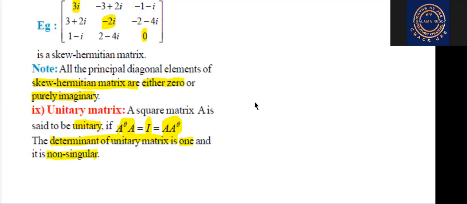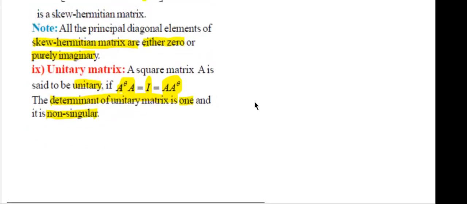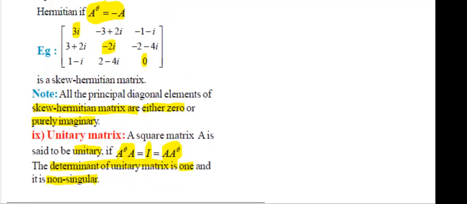Singular means determinant equal to 0. Non-singular means determinant not equal to 0. Whenever I discuss determinant-related concepts, I will explain what is singular and what is non-singular. What is a unitary matrix? A conjugate whole transpose into A is equal to the identity matrix. It is called a unitary matrix. This is the concept of special types of matrices.